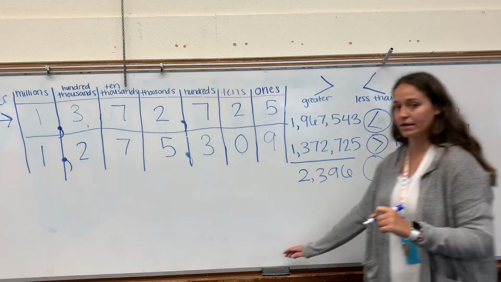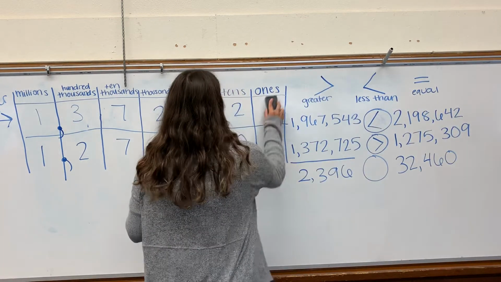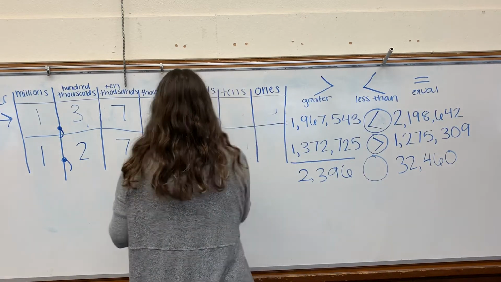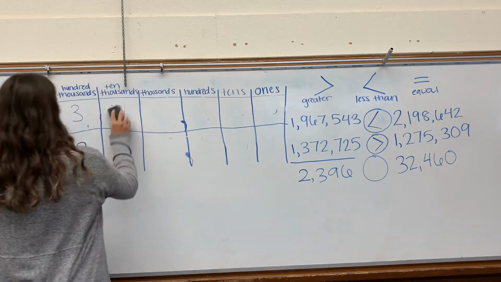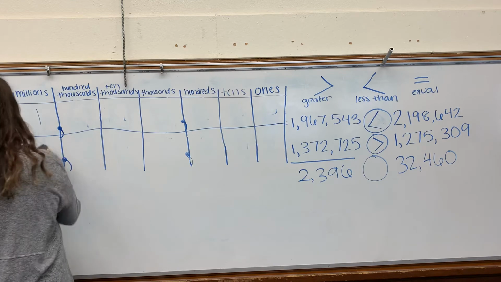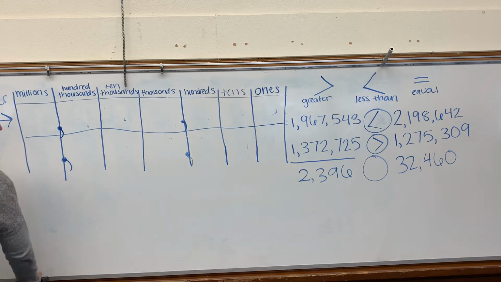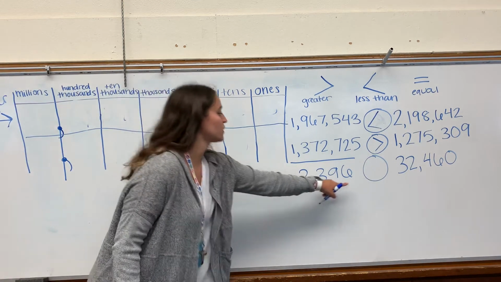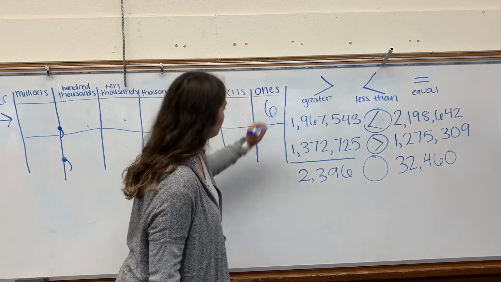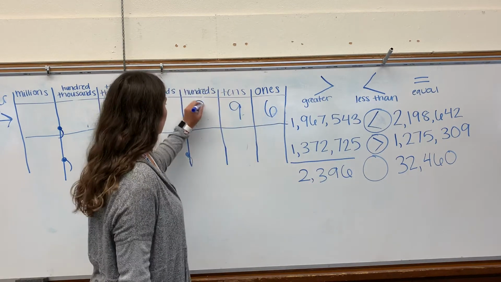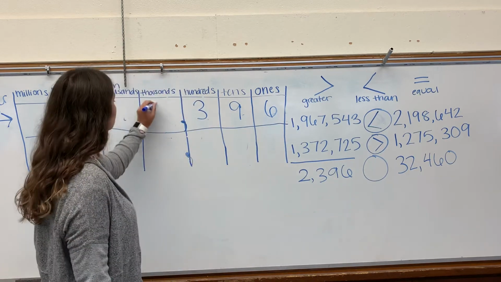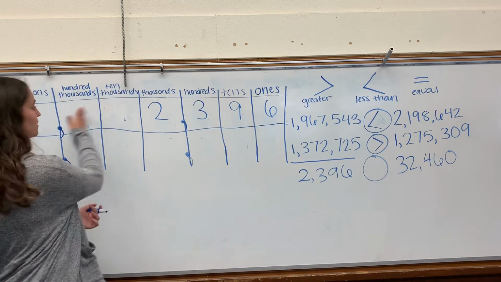Okay, well, let's put it in our place value chart. So I'm going to start writing this number first. I have 6 ones, 9 tens, 3 hundreds, 2 thousands, and it stops there. I don't have anything else.